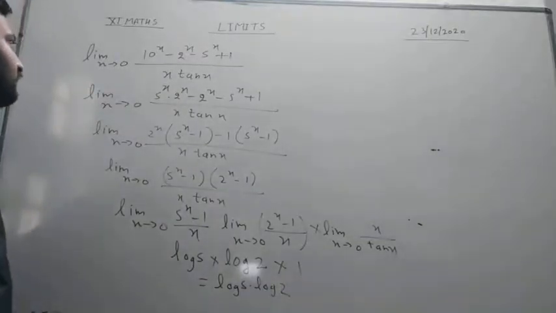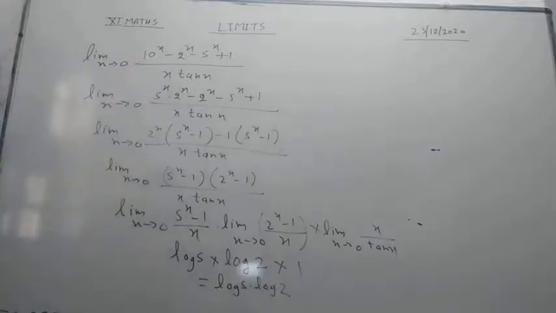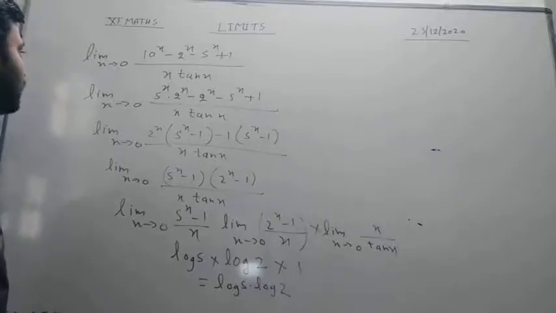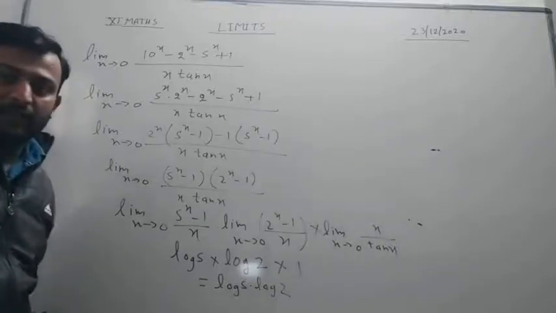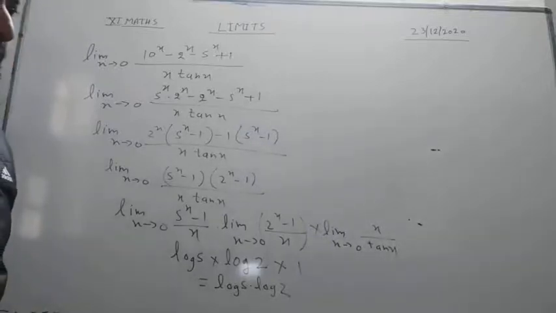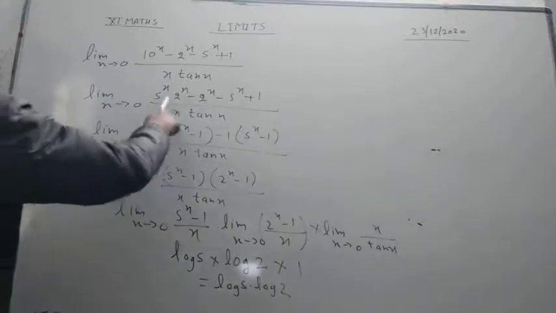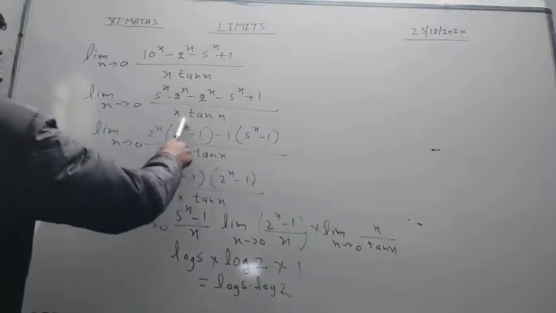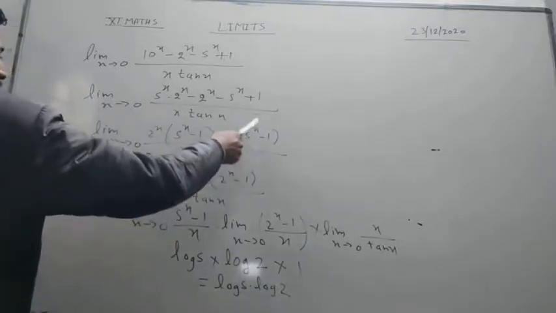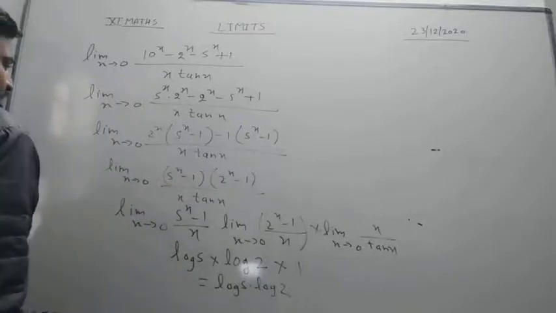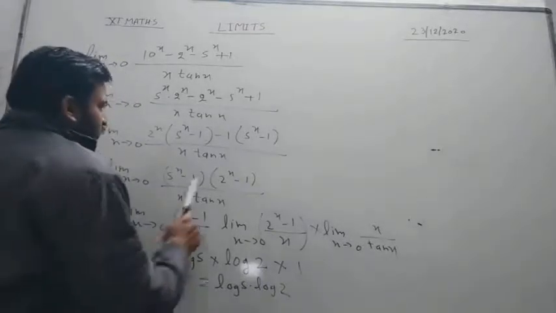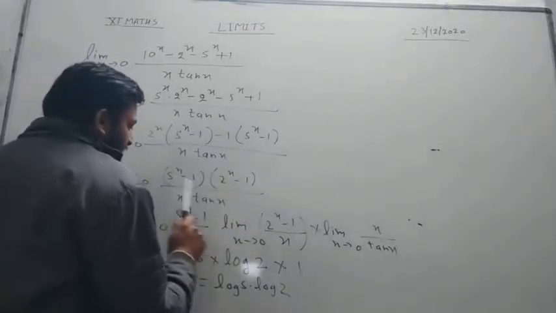Okay student, we have factorized this 10, we can write 5 into 2. So we have changed the power of 10 is x, so the power of 5 will be x also, power of 2 will be x also. Taking 2^x common here, we are getting (5^x − 1) minus 1 again, (5^x − 1), over x tan x.